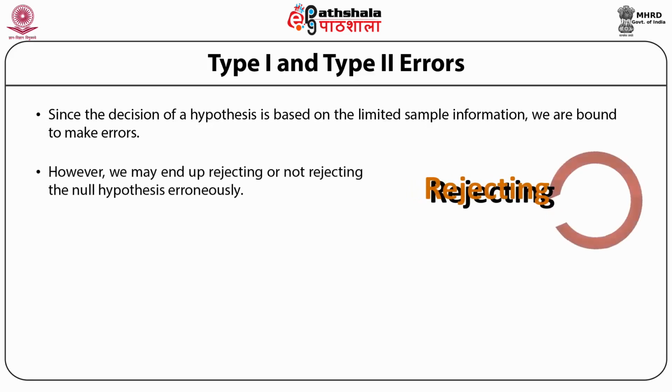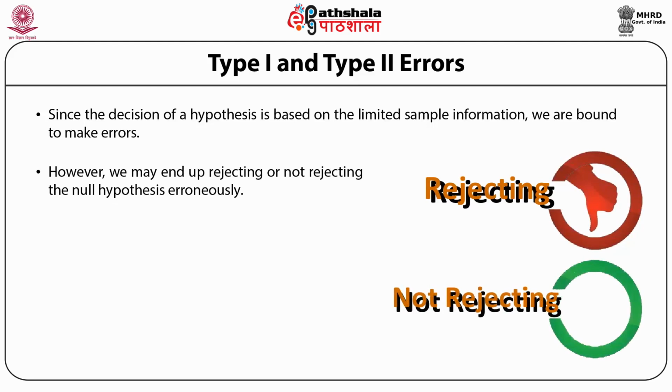However, we may end up rejecting or not rejecting the null hypothesis erroneously or falsely. That is, many a time the null hypothesis is rejected when it should not be, or we choose not to reject the null hypothesis when it should be.